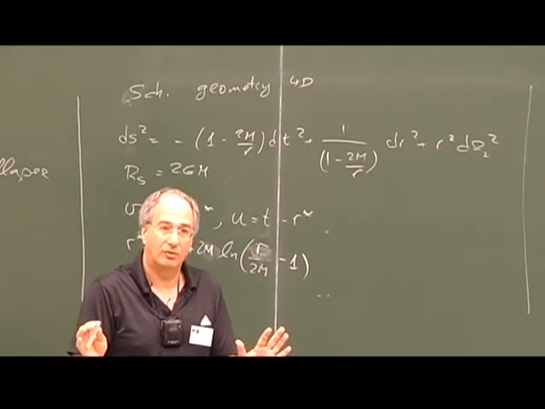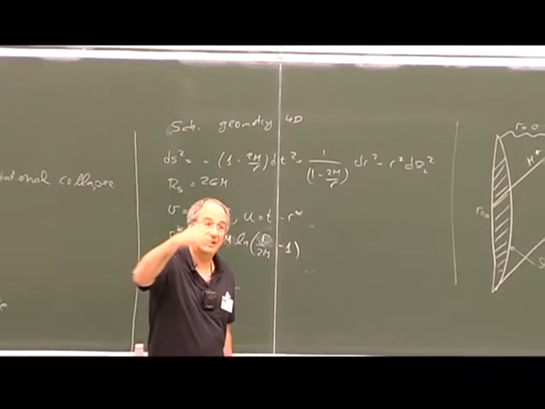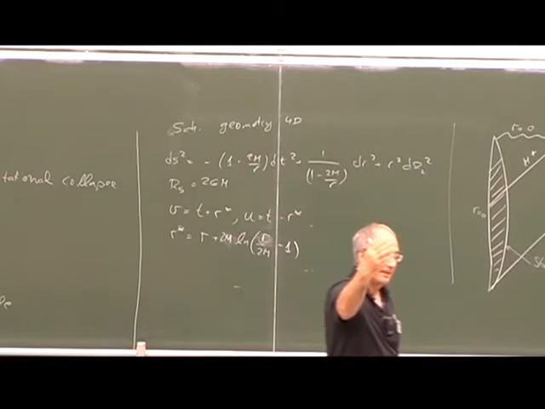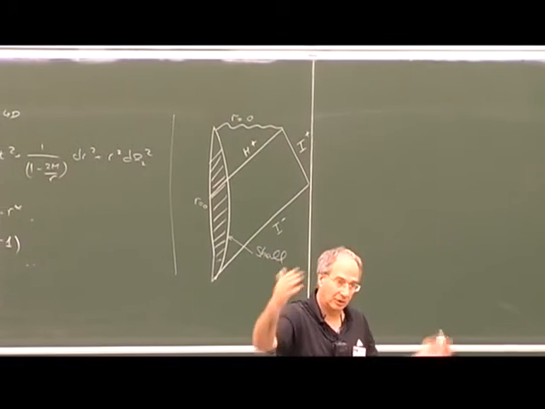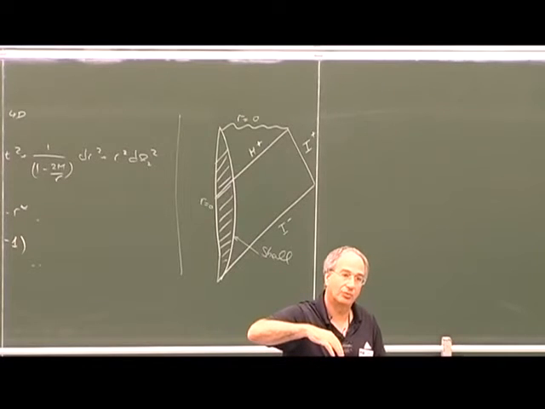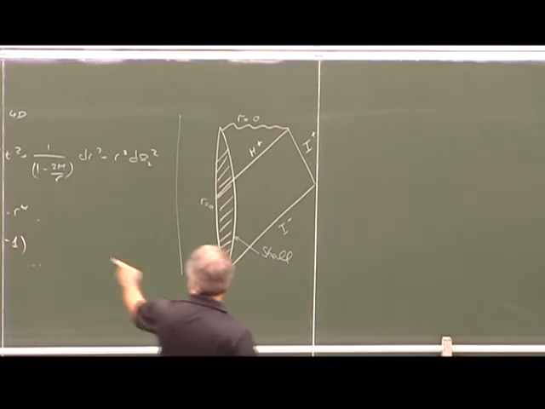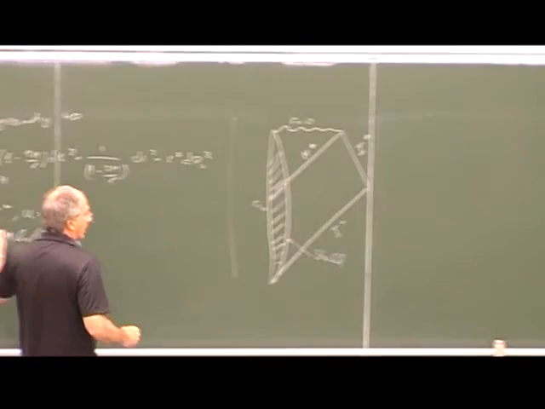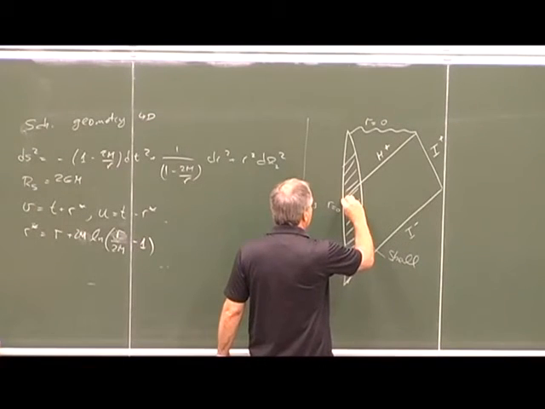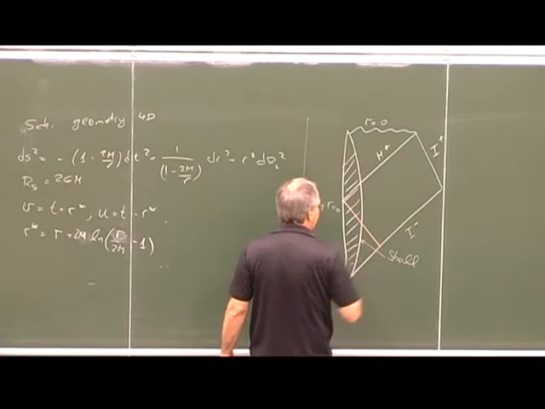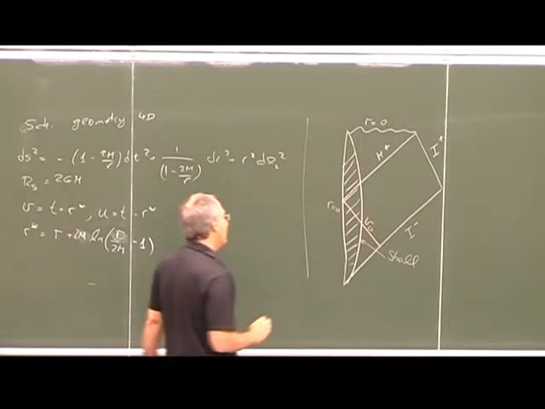Now, there are two kinds of trajectories. One trajectory goes through the shell and actually escapes to infinity. Another kind of trajectory enters the shell, and because the shell has already collapsed inside its Schwarzschild radius, it cannot escape to infinity. In terms of this advanced time v, these are 45-degree lines.